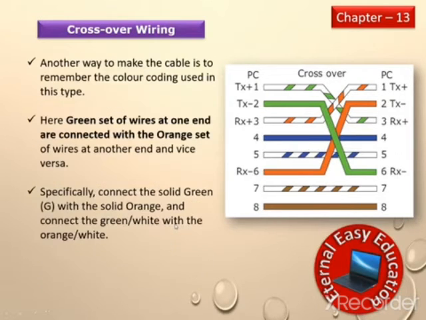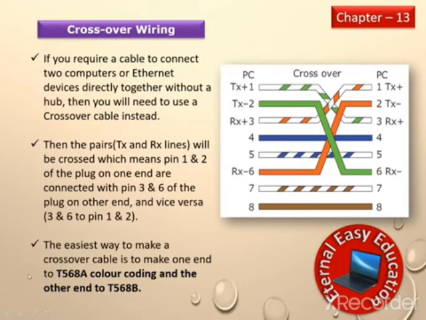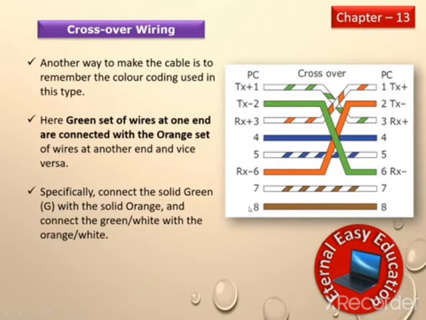And vice versa. The easiest way to make the crossover cable is to make one end T568A color coding and the other end T568B. Another way to make the cable is to remember the color coding used in this type.